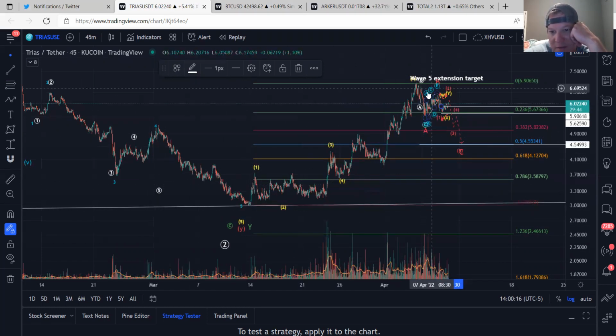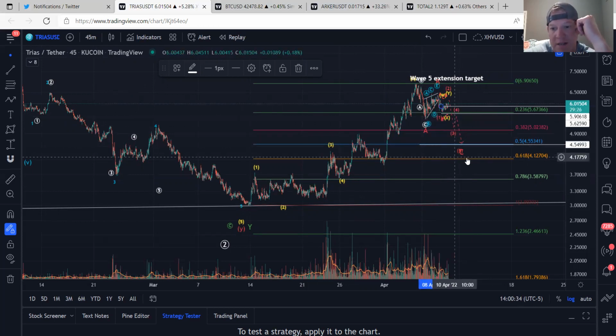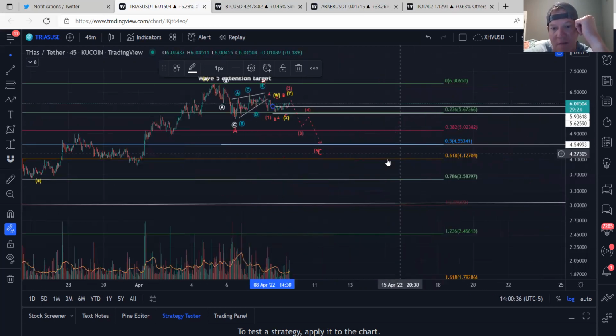Given the fact that this had a 5-wave extension, I would not be surprised with price coming down to this area here, which is around the 0.618, potentially down to 0.786. So we'll just have to see what happens with price action if this wave does develop this way.